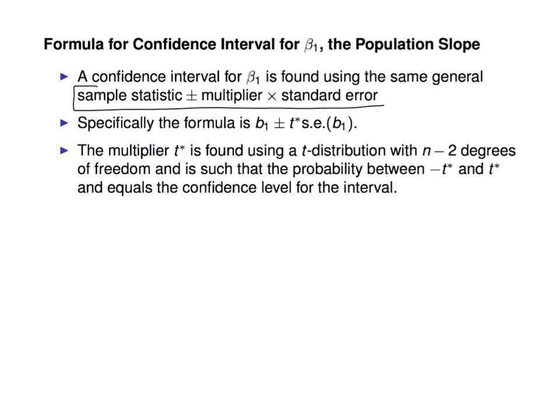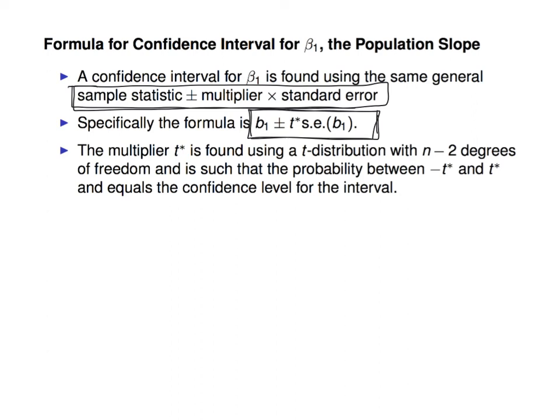Take your sample statistic plus or minus some multiplier times the standard error. And specifically here, the sample statistic for beta 1 is B1. Our multiplier is a t star value multiplied by the standard error of beta 1.